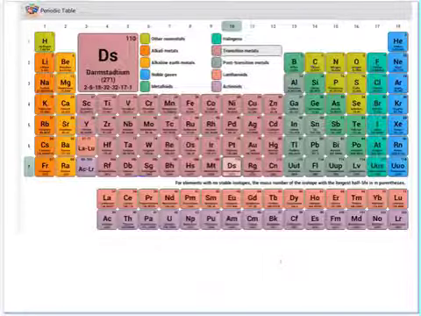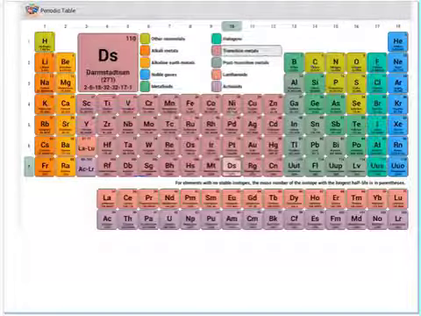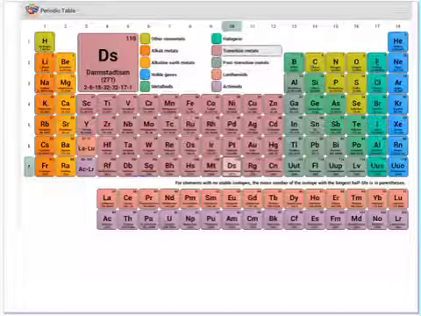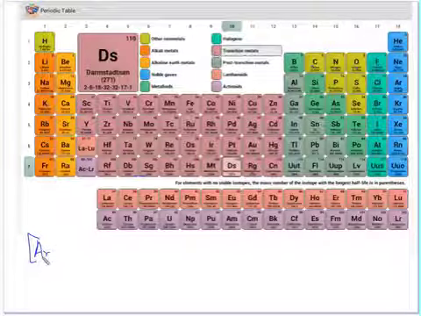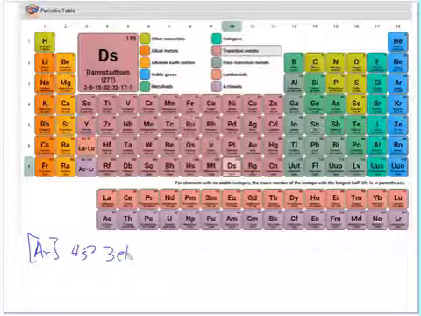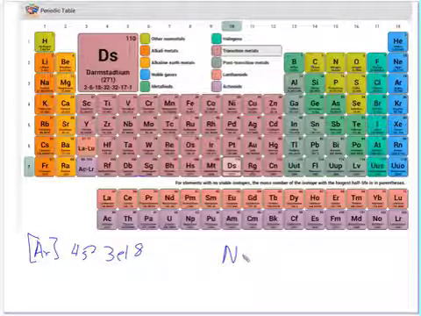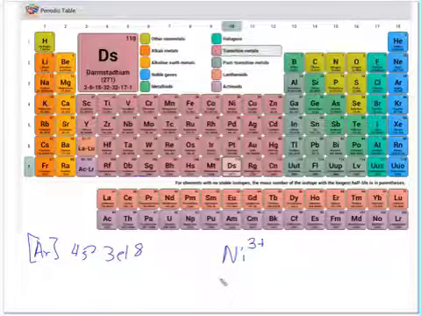Let's try one more of those transition metals. Let's just do nickel. If we did it the shortcut way, it would be argon 4s2 3d8. Let's just say that we have a nickel 3+ this time. I don't even know if nickel becomes a 3+, but let's just say it does.